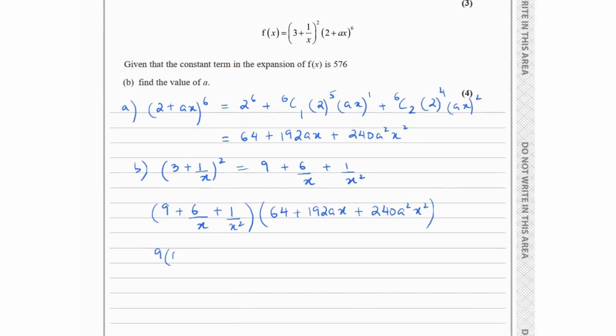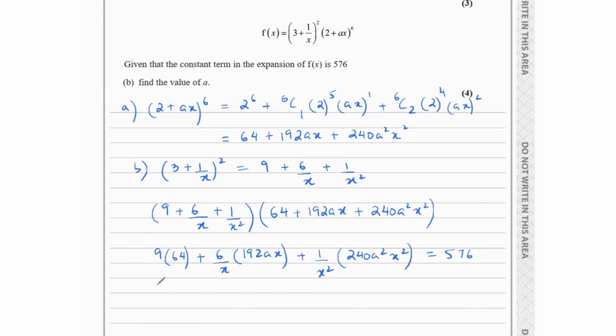So 9 times 64 plus 6 over x times 192ax plus 1 over x squared times 240a squared x squared equals 576. So let's expand this.